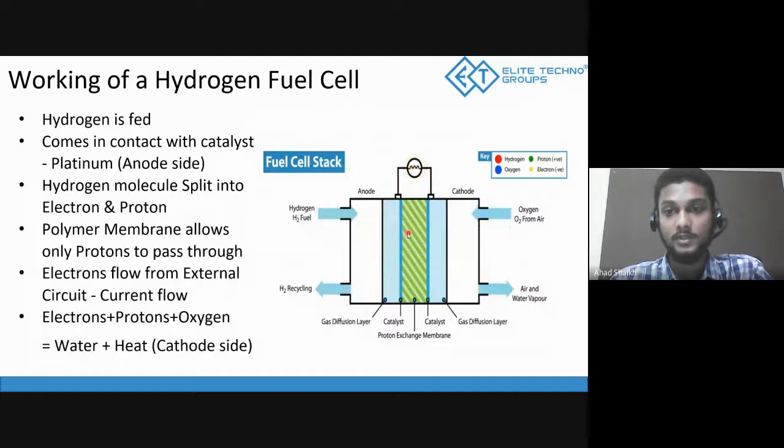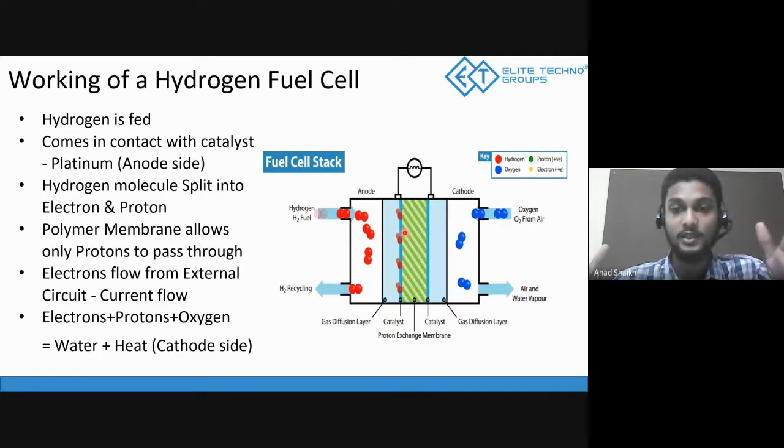So this is the working of one hydrogen fuel cell. Like in a lead acid battery, where we have 6 lead acid cells connected, in a similar way we connect hundreds of fuel cell stacks in one entire fuel cell, and that's how we get the expected output.